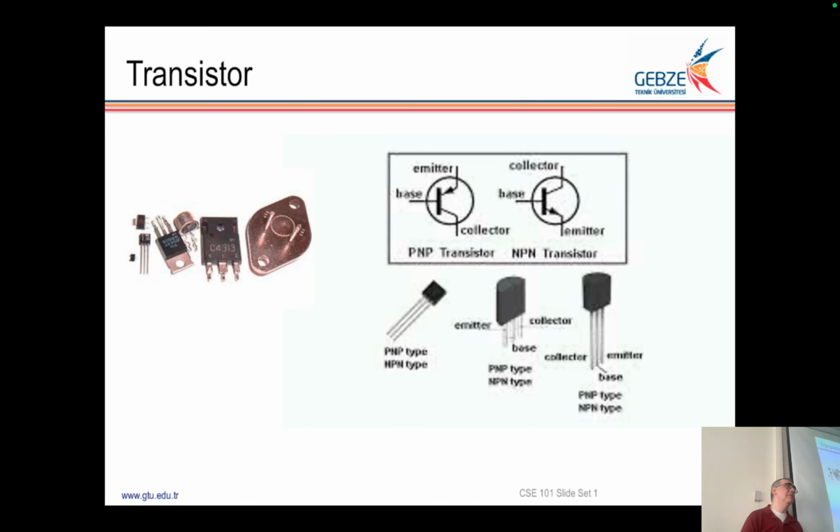From the chemistry class, remember the electron orbit numbers: 2, 8, 8, 18, 32, right? Then after that, again 32, I think. Silicon and germanium have a special position in the periodic table.